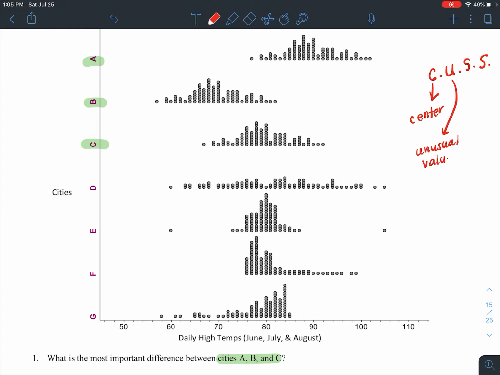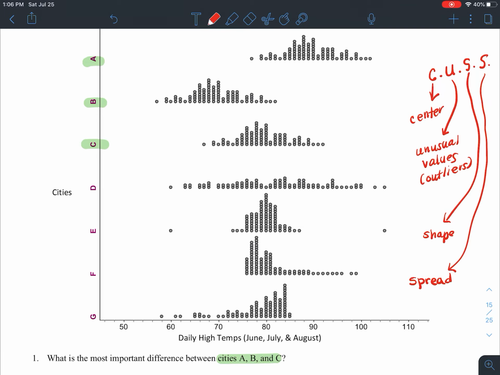A difference maybe in something including any unusual values. That's what we refer to as outliers. Okay, maybe there's a difference in the shape of the distribution. Approximately symmetrical versus maybe right or left skewed. And then finally, the spread. Is it bunched up and there's not a lot of variation? Or is it really stretched out and there's a big difference between what these temperatures could be?